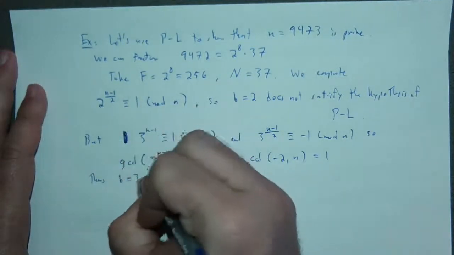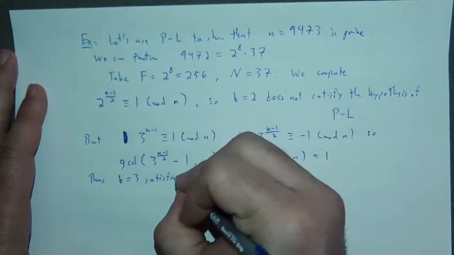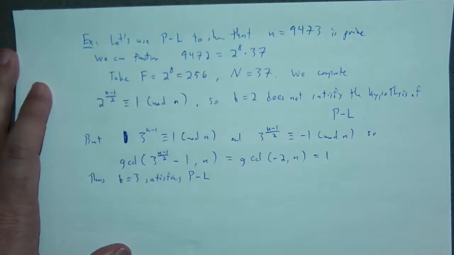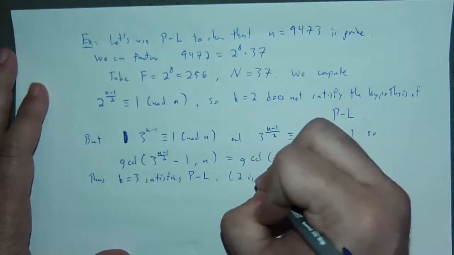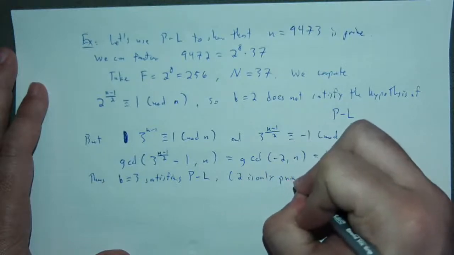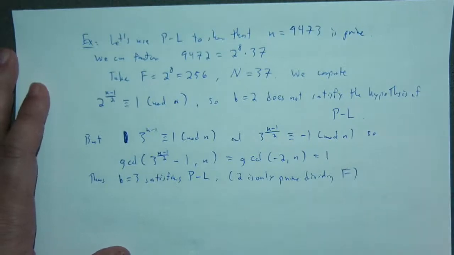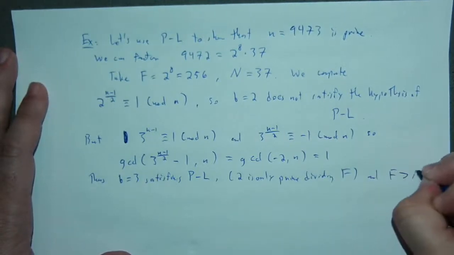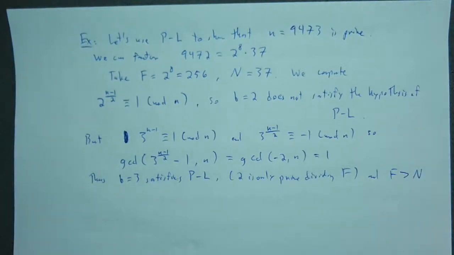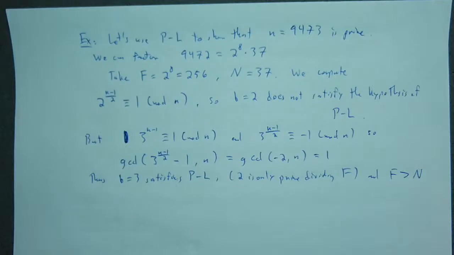Thus, b equals 3 satisfies the hypothesis in Pocklington-Lehmer, and so 2 is the only prime dividing big F. And big F is bigger than big N. Big F is 256, and big N is 37.